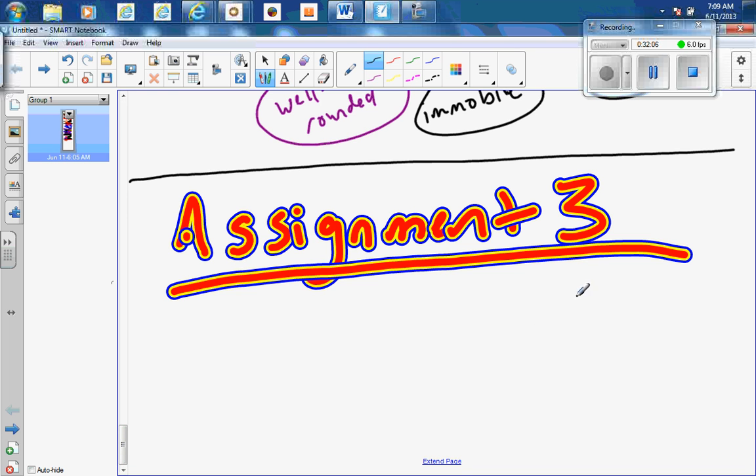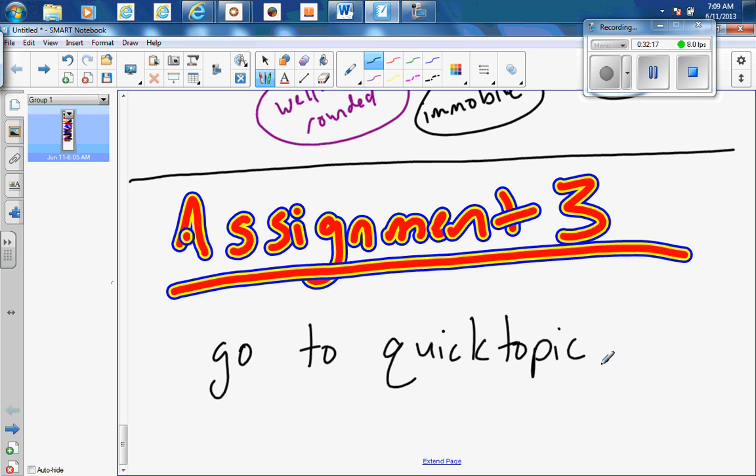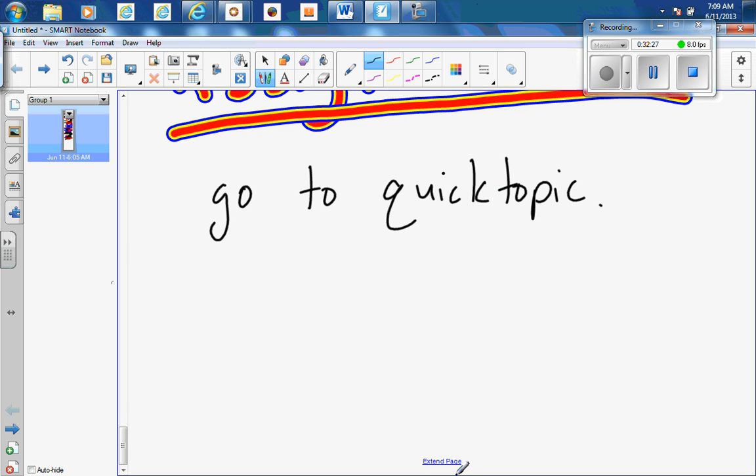There are 2 parts to assignment 3. You're going to go to quick topic. Most of you have already set up your accounts on here. If you have not, if you go onto the syllabus I sent you in your email and you control-click it, you will join that topic. That's step 1.